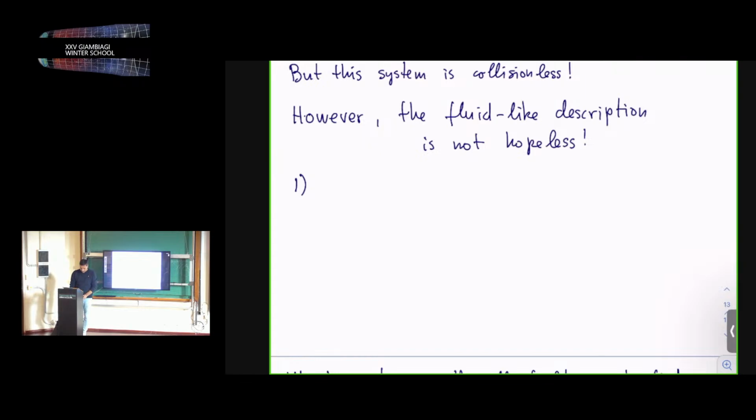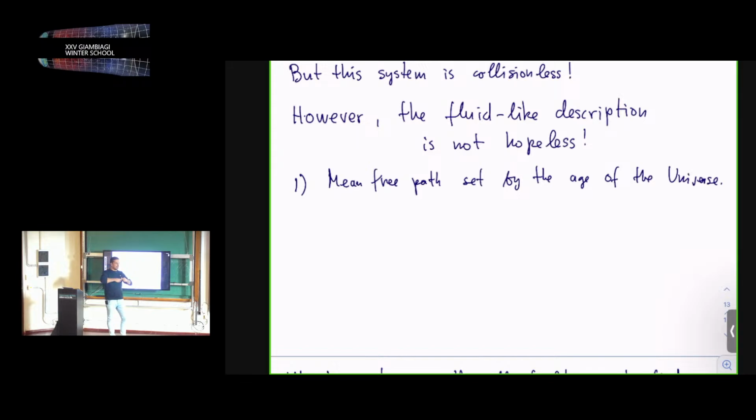The mean free path is set by the age of the universe. So it is true that formally the dark matter particles can go as far as they want, but in the finite age of the universe, they cannot go very far.